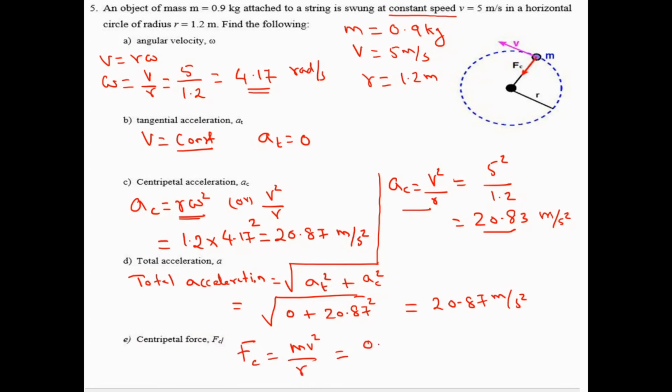The mass of the object is 0.9 multiplied by the speed 5 square over the r value 1.2. So what will be the answer? 0.9 multiplied by 5 square over 1.2 gives 18.75 Newton. So this will be the answer for the last question. You have to remember all the formulas we studied in this chapter. Clear?